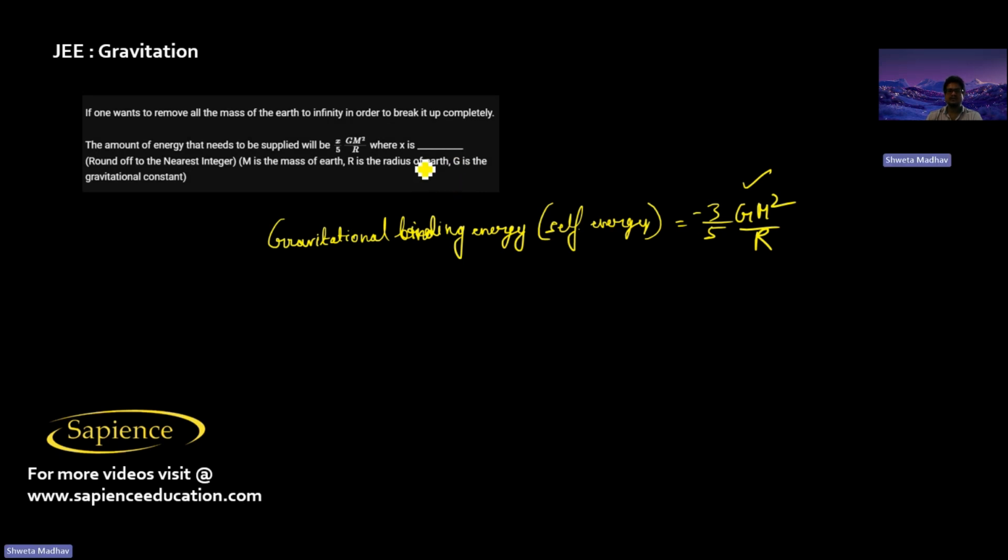So hence 3 by 5 GM square by R is the energy required. So x will be equal to 3. So 3 is done.